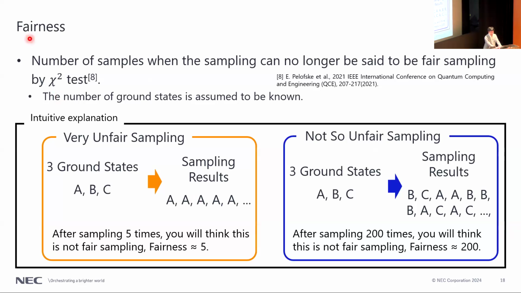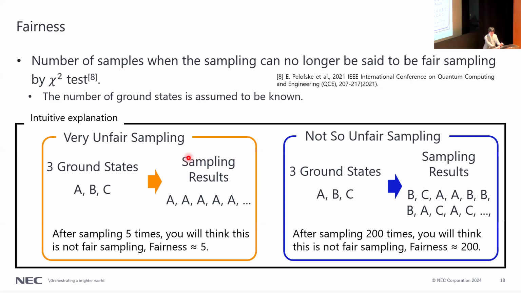This is defined as the number of samples when the sampling can no longer be said to be fair sampling by chi-square test. But it is difficult to understand the definition immediately, so I will give an intuitive explanation of the very unfair case and the not so unfair case.